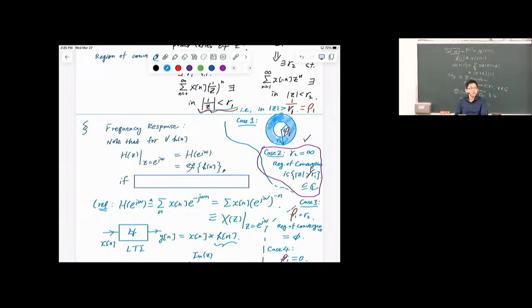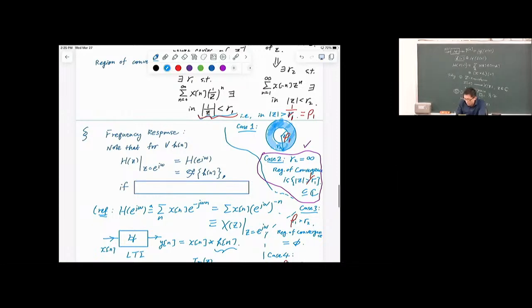If the summation converges, okay? So same idea. You can write down all these equalities if the summation converges.